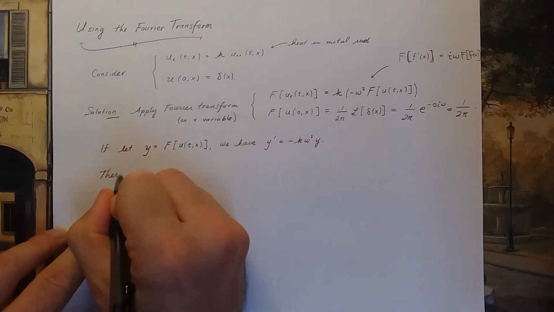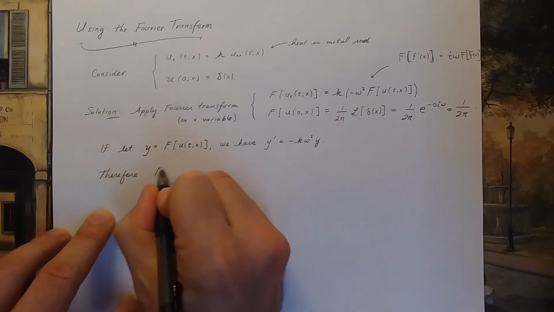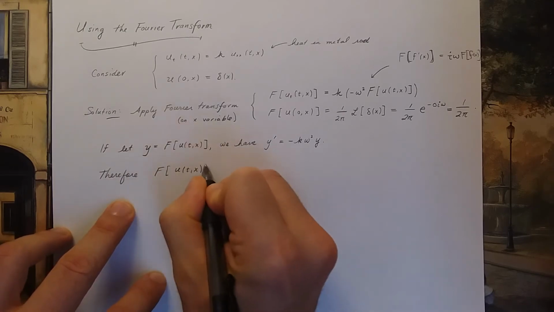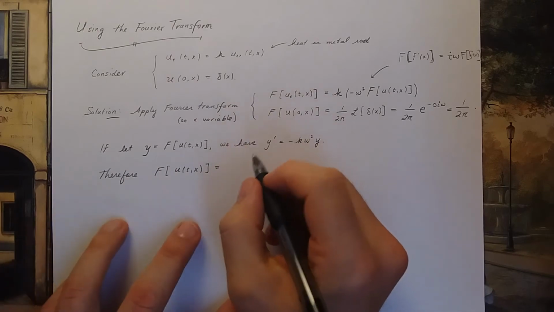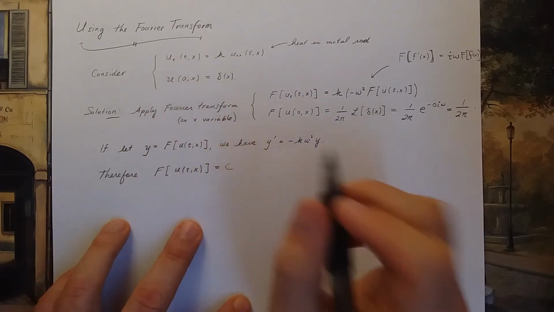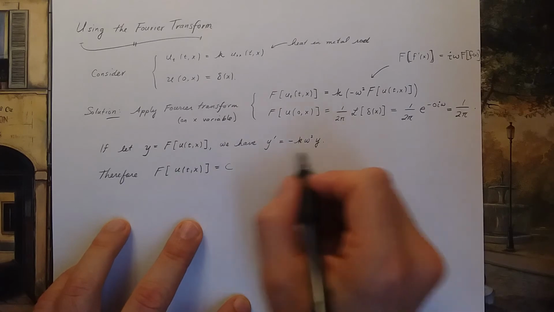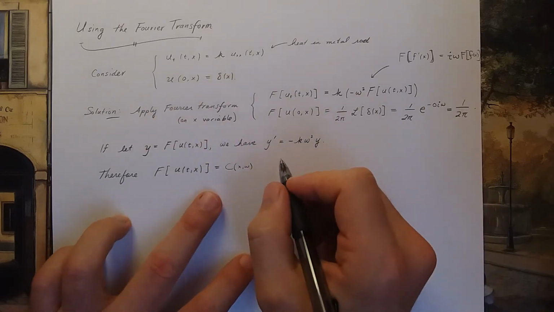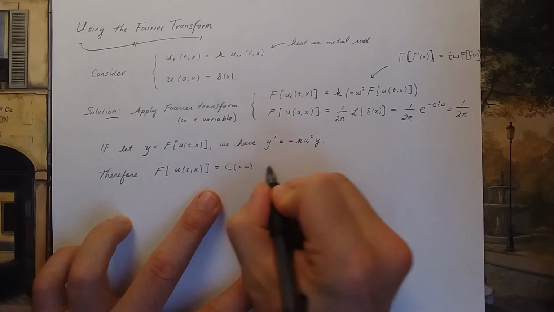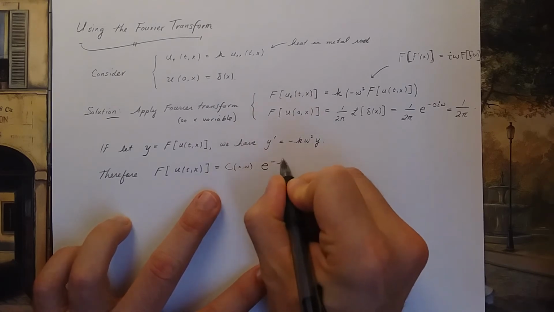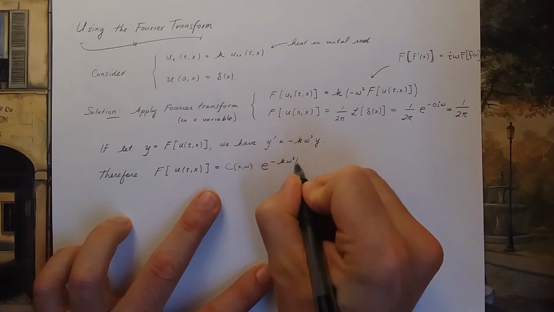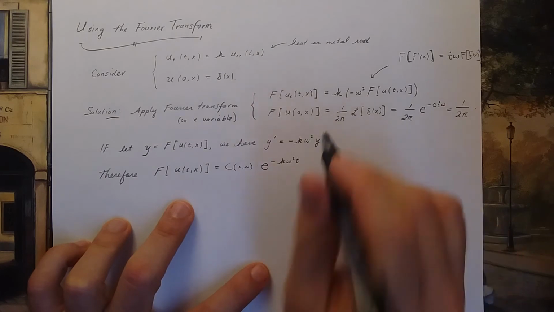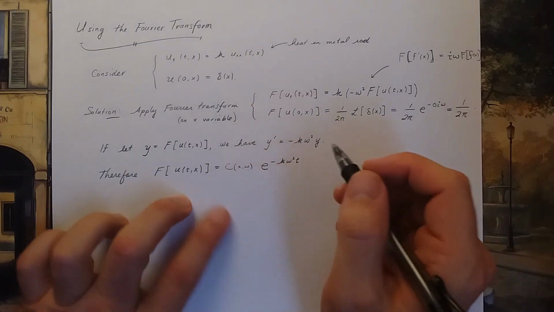So therefore, my function is equal to some constant that could involve x or omega. It's just some constant, times e to the negative k omega squared t. So I solved this differential equation in the t variable. Now we have an initial condition.